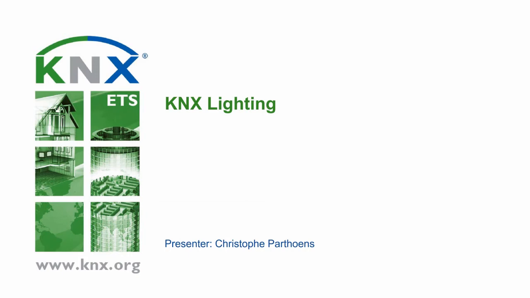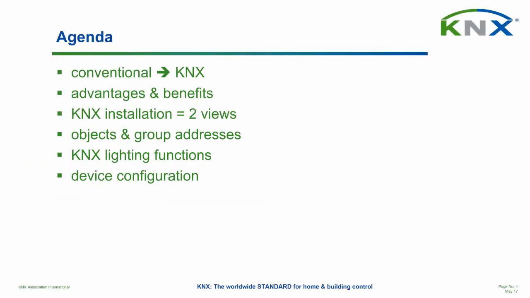KNX lighting. What I have for you on my agenda for my specific part is listed here. I will first explain to you how a conventional lighting system, or conventional lighting function, can be converted into KNX.